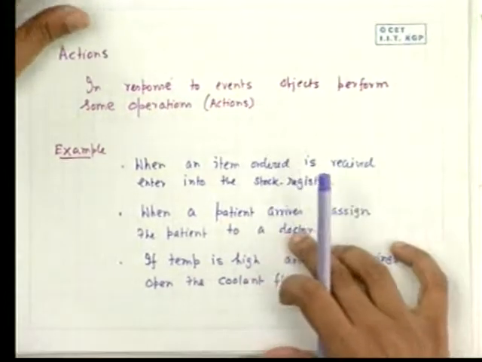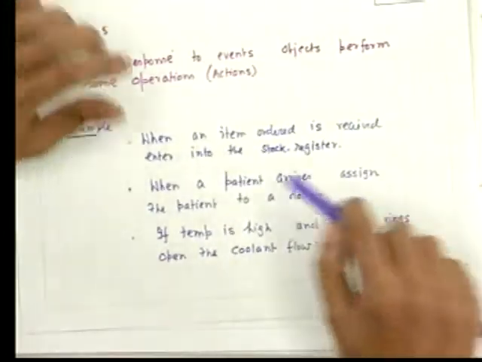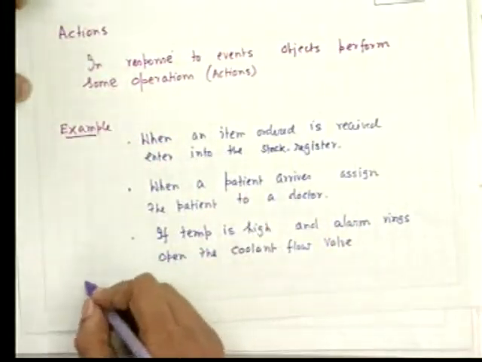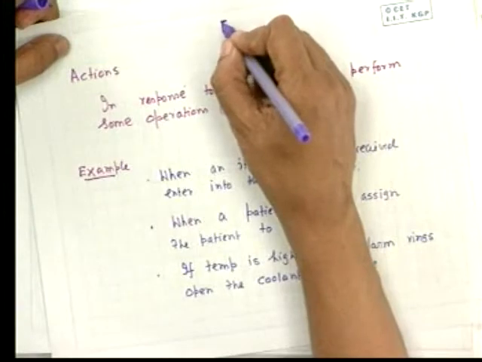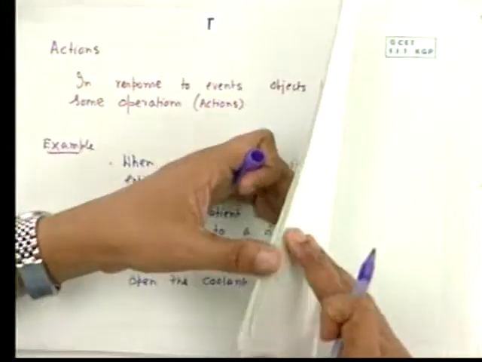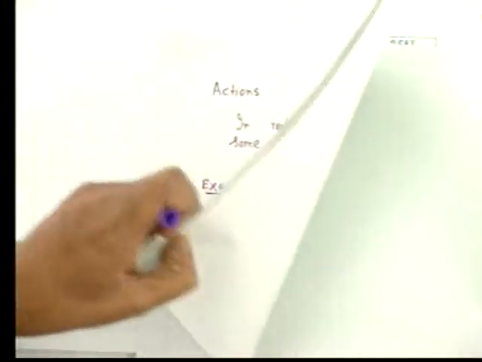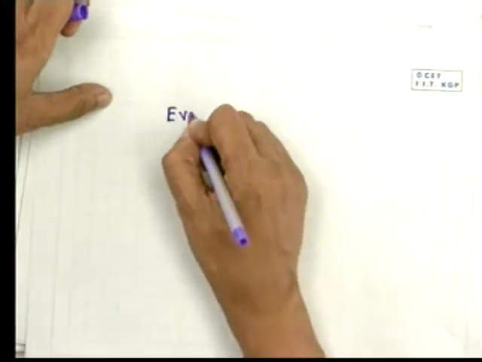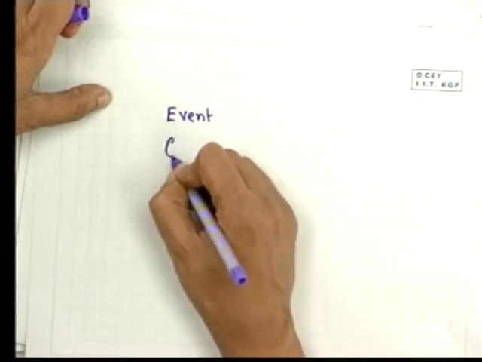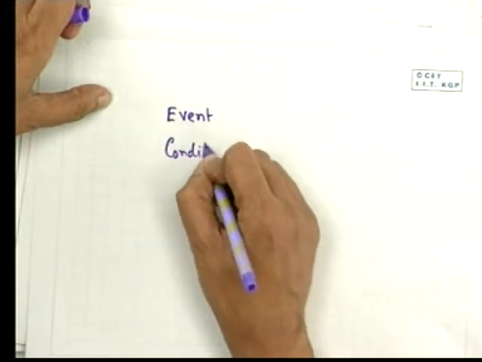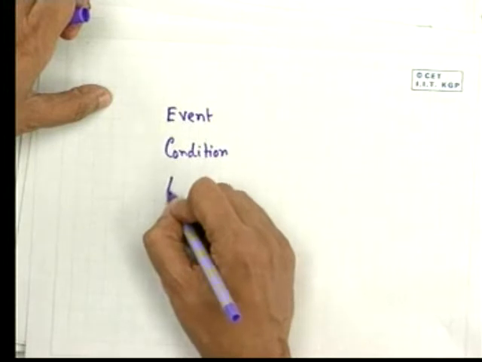So the model that we are describing will involve three components: event, condition, and action.